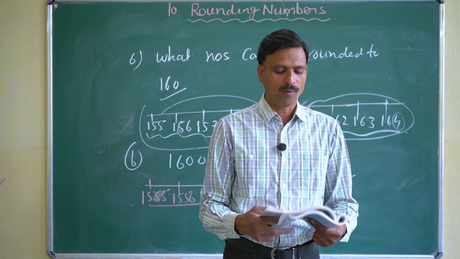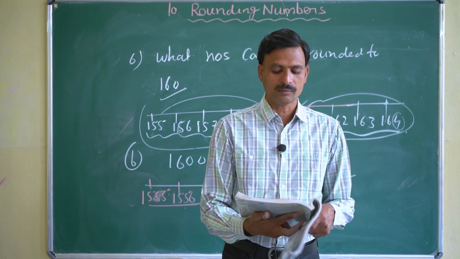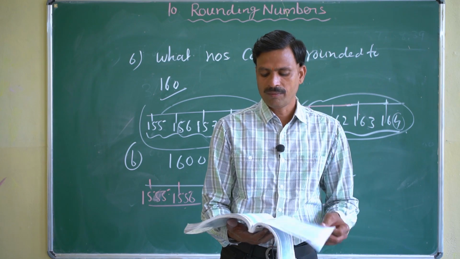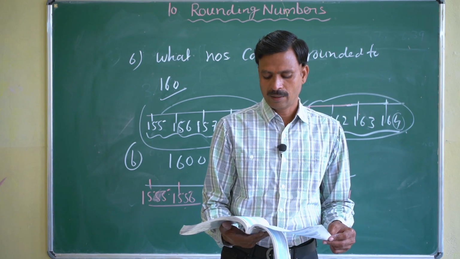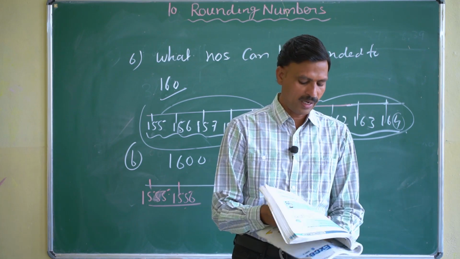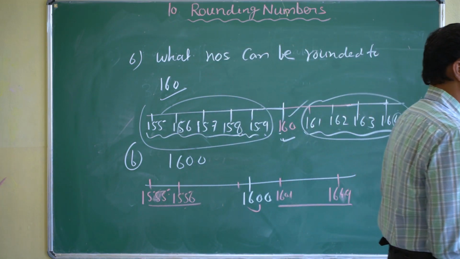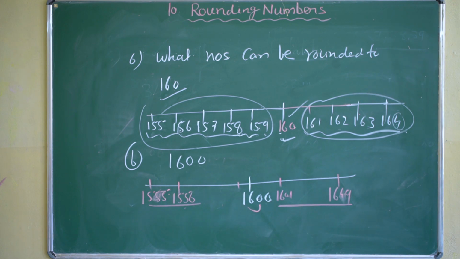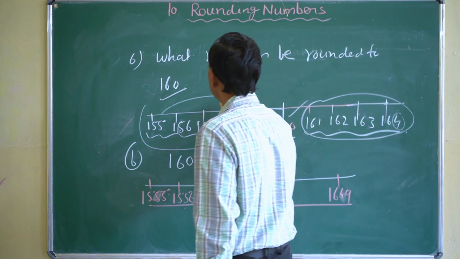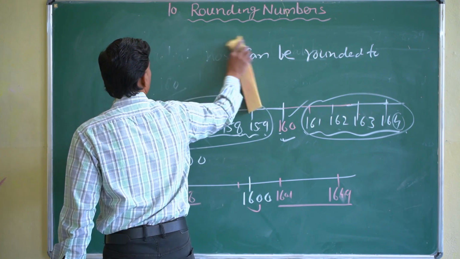The second exercise of this round off is significant figures. I am telling, round off to two significant figures. So significant figures means there will be only a few digits, others will be 0. That is called significant.